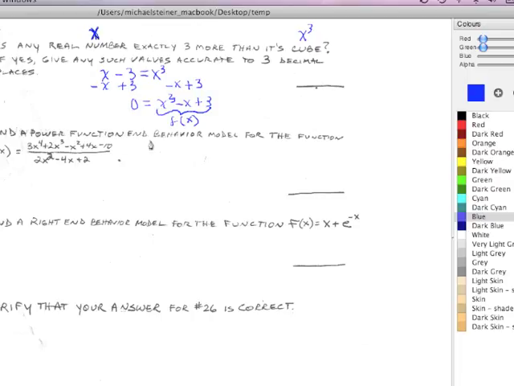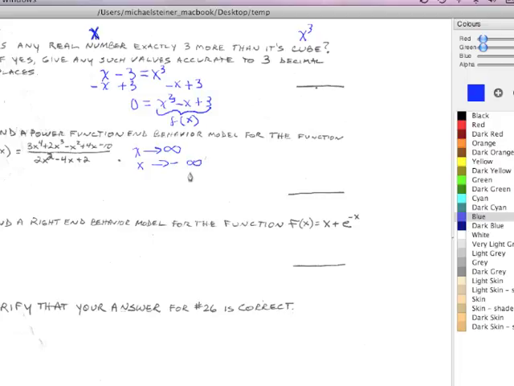Find the power function end behavior model for the function f of x is equal to all of this. Okay, so end behavior is as x goes to positive or negative infinity. So as x goes to positive infinity or x goes to negative infinity.